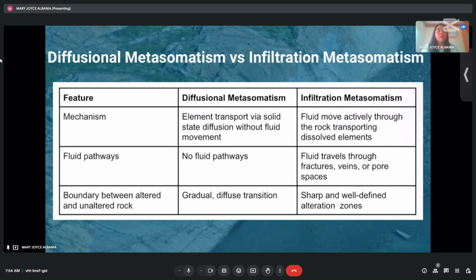Then for the fluid pathways, diffusional has no pathways, and for the infiltration, the fluid travels through fractures, veins, or pore spaces. For the boundary between altered and unaltered rock, diffusional metasomatism has a gradual or diffuse transition, and the other has sharp and well-defined alteration zones.